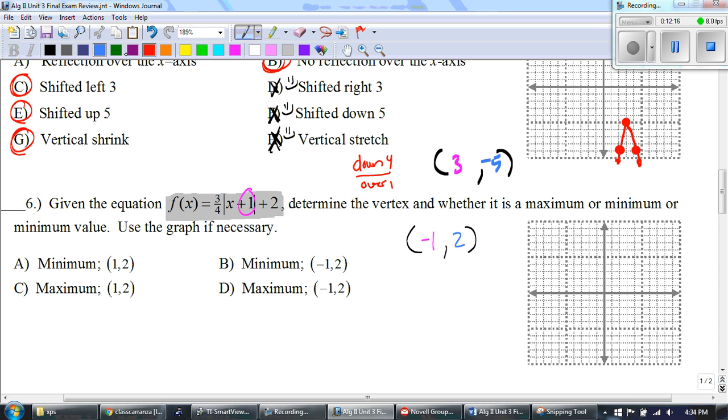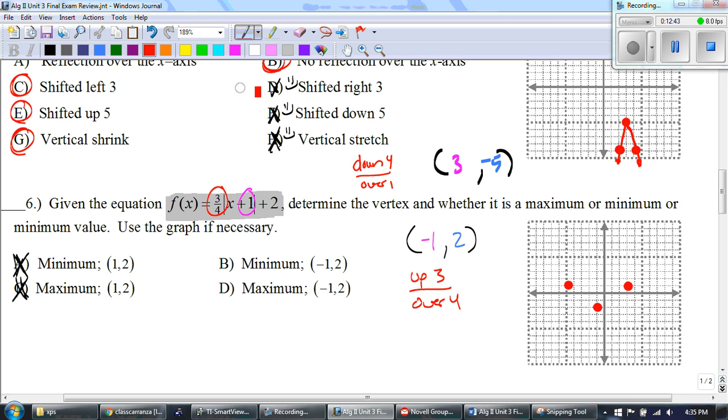So the first thing I'm looking at is negative 1, 2, negative 1, 2, and those don't work. Now my 3/4 is telling me to go up 3 over 4. It might help if you just graph the first couple points, because I go 1, 2, 3 over 4, 1, 2, 3 over 4, sorry, 1 over.